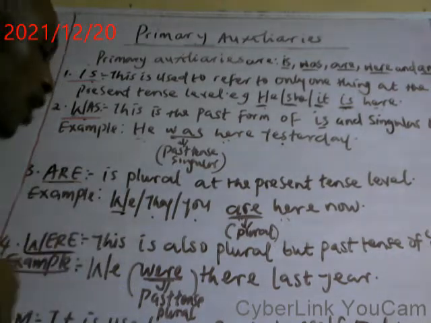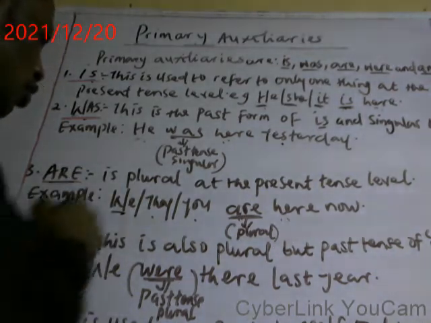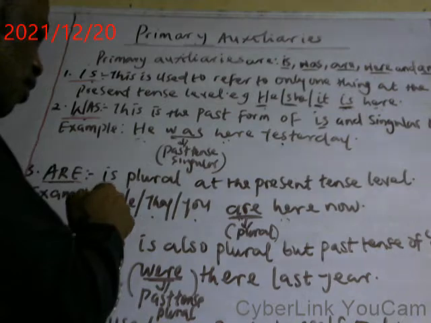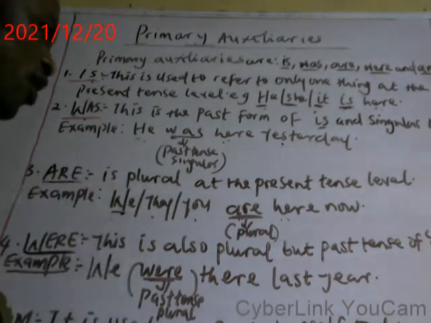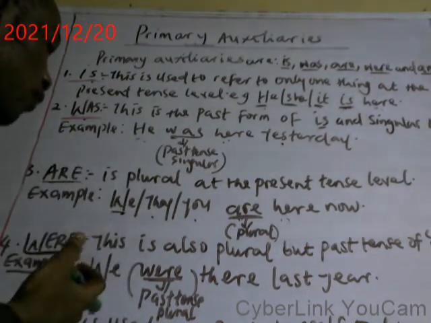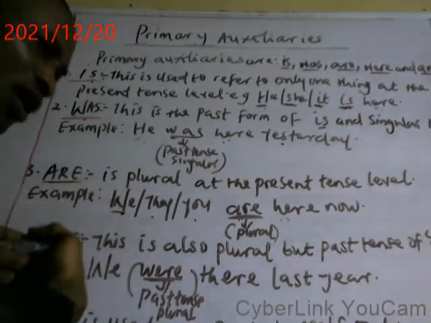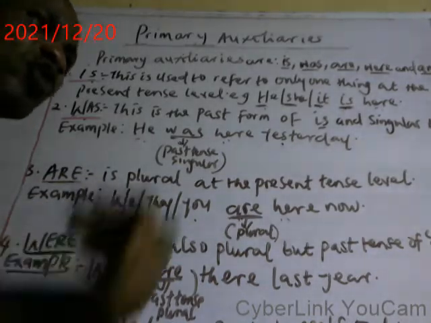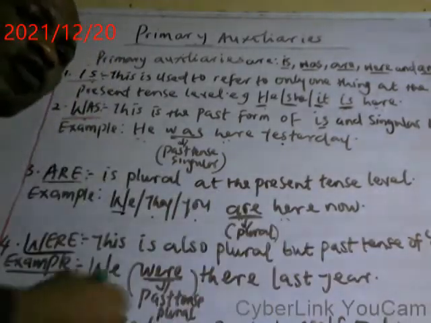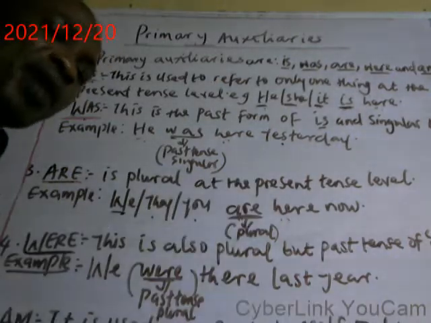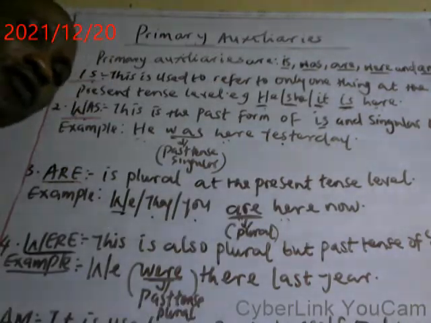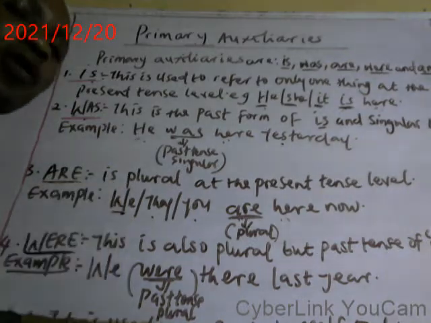Now let me try to chip in something. Somebody might wonder, what is the difference between "we" and "they"? There is a difference. When you talk of "we", it means you include yourself. It may be you and another person. Now you call both of you together, you say "we".